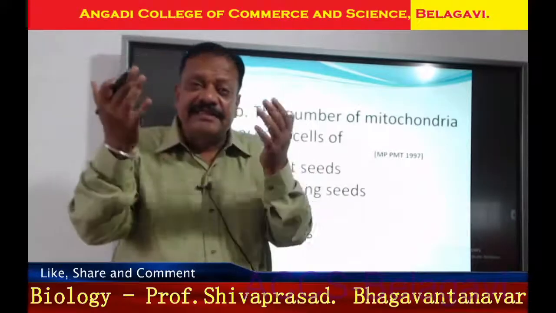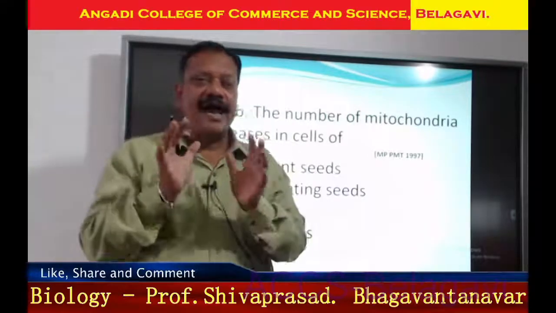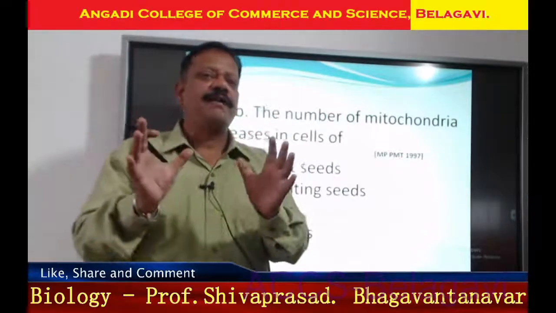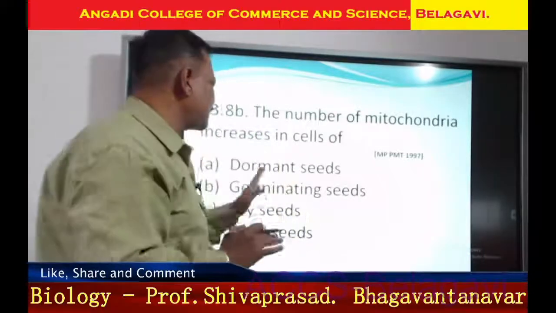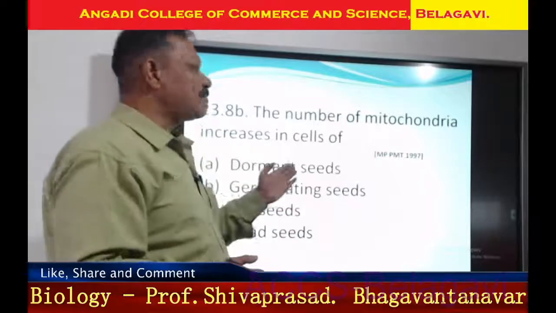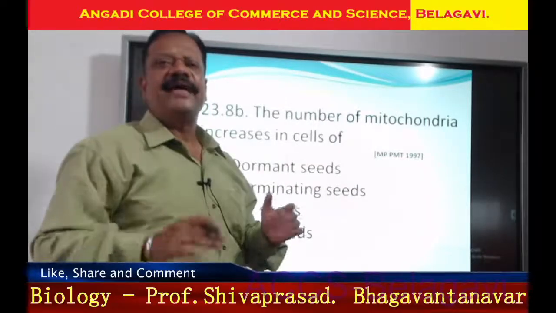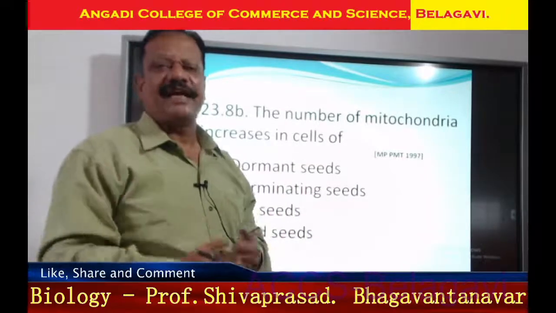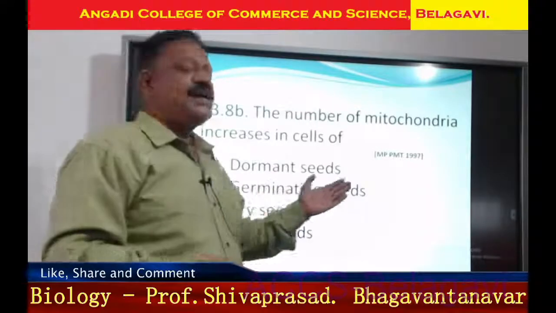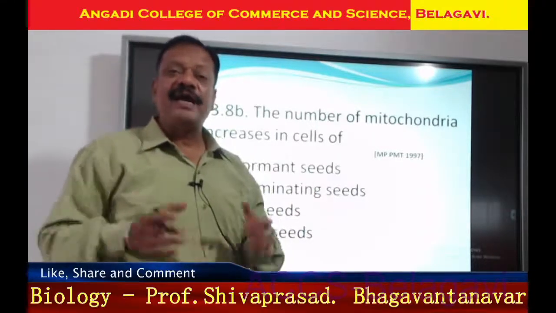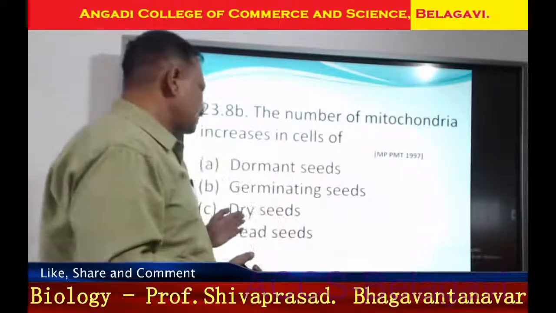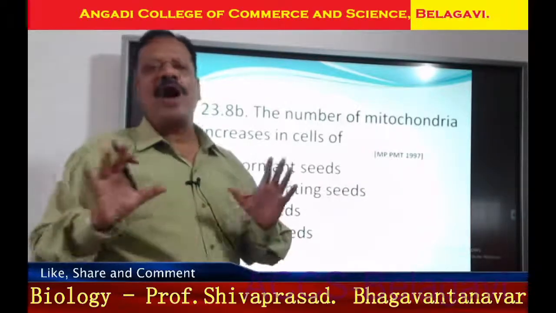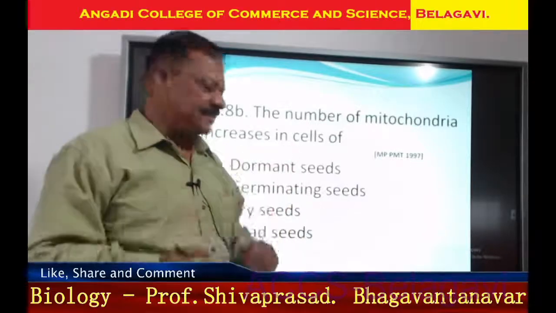Where energy is required more, the mitochondrial number automatically increases. In dormant seeds, there is no requirement of much energy. In germinating seeds, they are very active, so they need more and more energy. Dry seeds have no activity, so no energy is required.